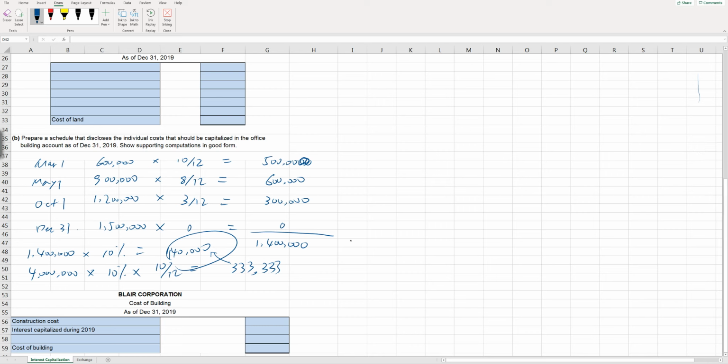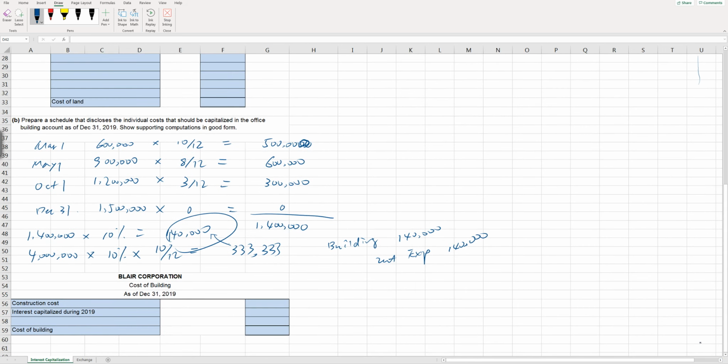The journal entry is very straightforward. We're going to debit the building, basically, and credit interest expense, right? All right, once we do this journal entry, you can calculate the cost of the building.